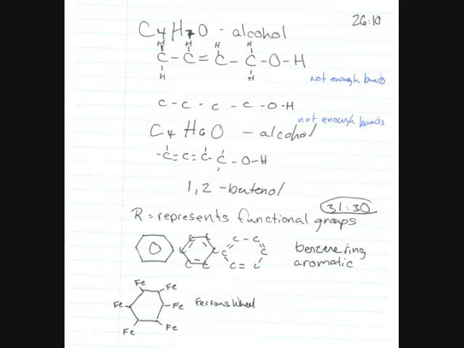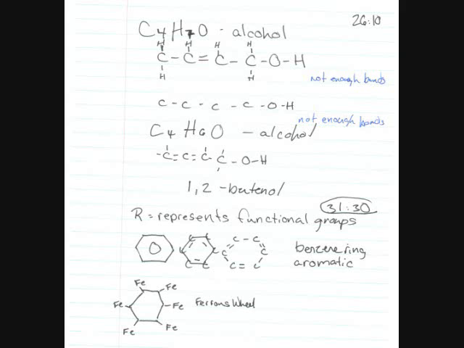It's called a benzene ring. It can also be called an aromatic. In general, you can see it written like this, with a circle in the middle, or you would see it like this, with double bonds alternating.